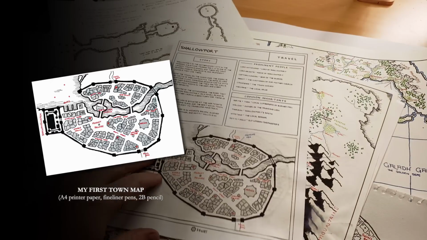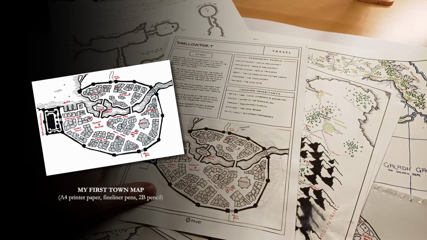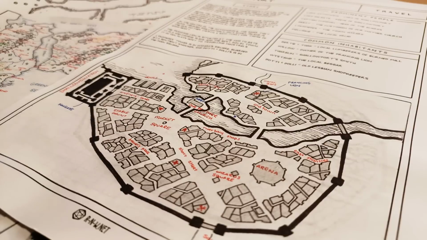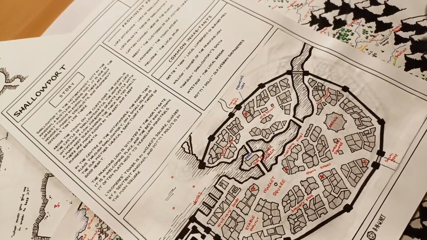So I made this map of Shallowport, which is also, by my modern standards, a little bit crude and stylized and not very tidy. But for the purposes of that initial session, this 12 centimeter by 16 centimeter map was all I really needed. It had the locations that they were going to explore.